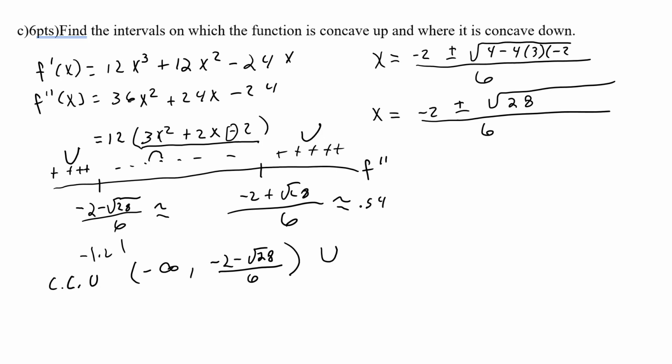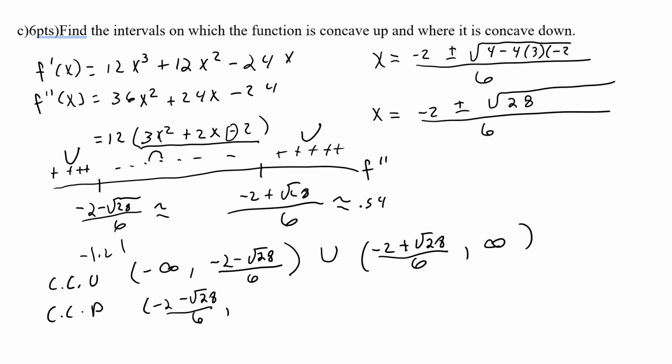Union, it's also concave up over here on the interval from -2 plus the square root of 28, all divided by 6 to infinity. And then it's just concave down everywhere in between: -2 minus the square root of 28, all divided by 6, comma, -2 plus the square root of 28, all divided by 6. That's where it's concave down.